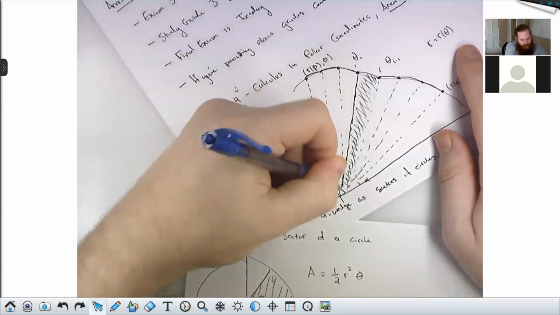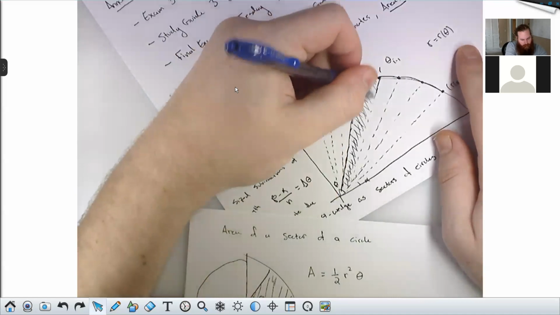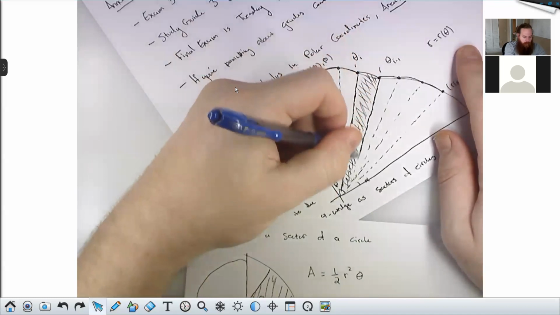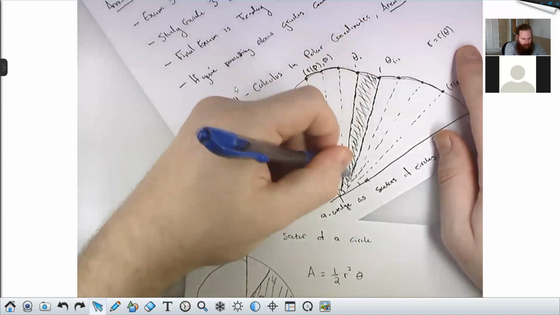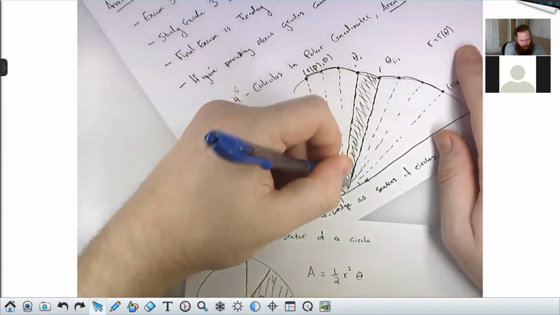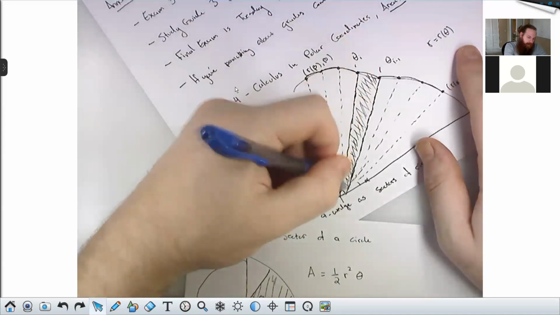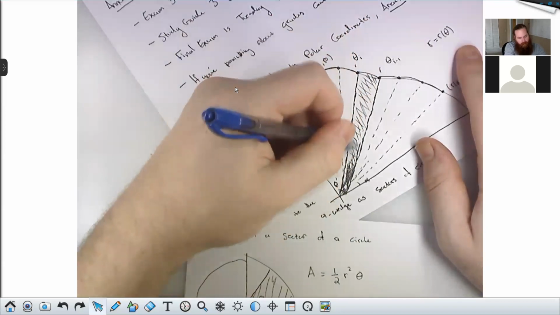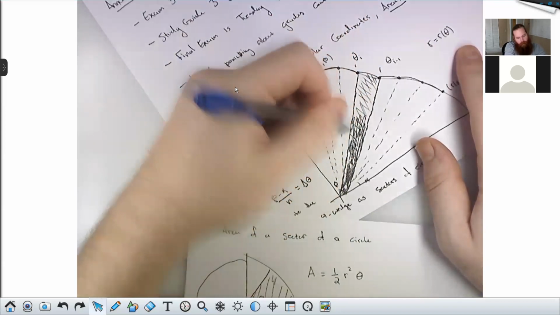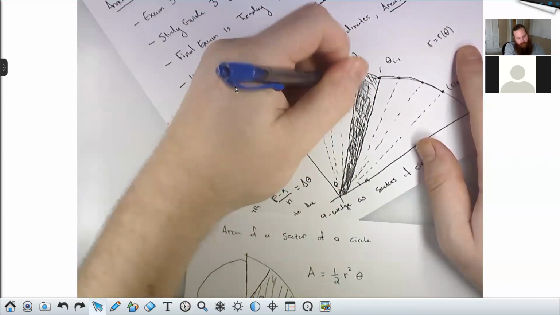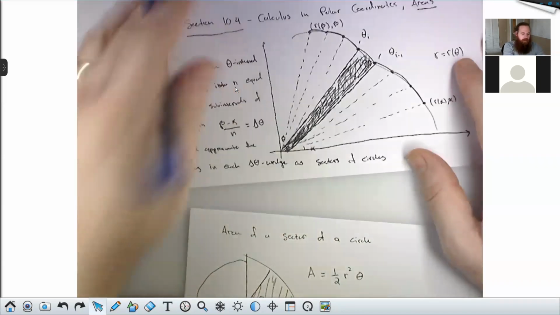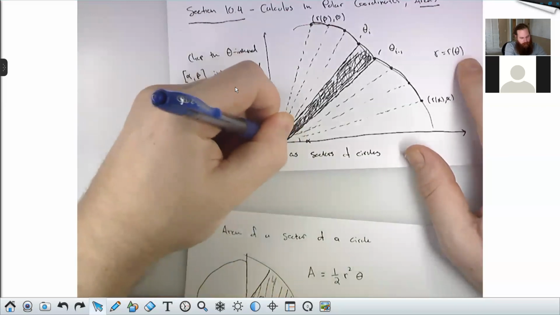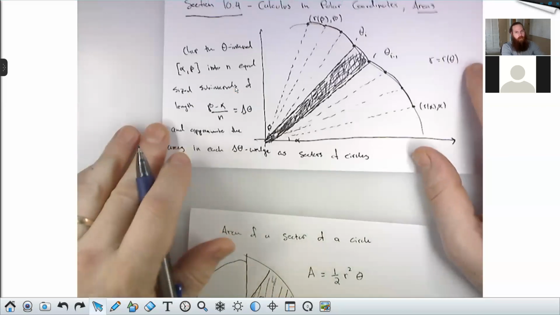We pretend like this wedge is a sector of a circle, even though the actual curve might not be perfectly circular. It's a lot like in Riemann sums when you pretend that the graph is piecewise constant and you approximate using rectangles. Here, the analogous concept to a Riemann rectangle is this Riemann wedge. And this should be coming into a point at the origin. I'm just a bad artist.